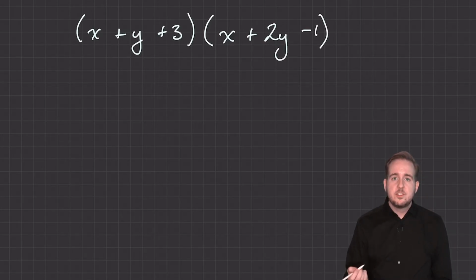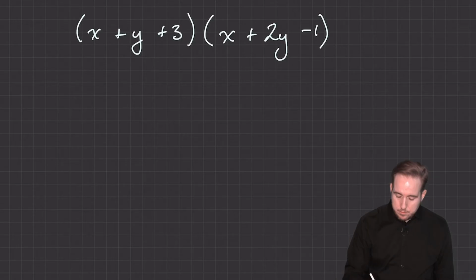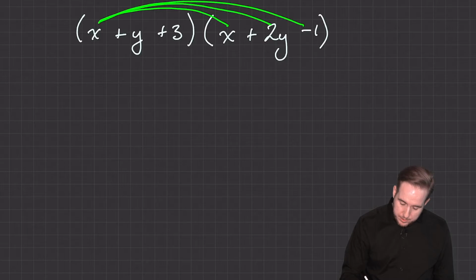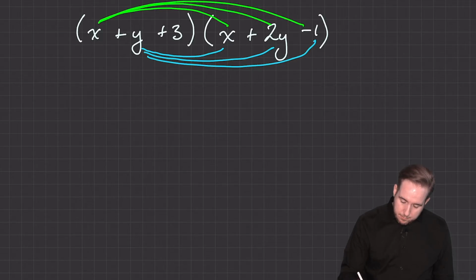Well, the rule is still the same. So I go from each term to each of the others. So from this x, I need 1 to there, 1 to there, 1 to there. From this y, I need 1 to there, 1 to there, 1 to there. From this 3, I need 1 to there, 1 to there, 1 to there.